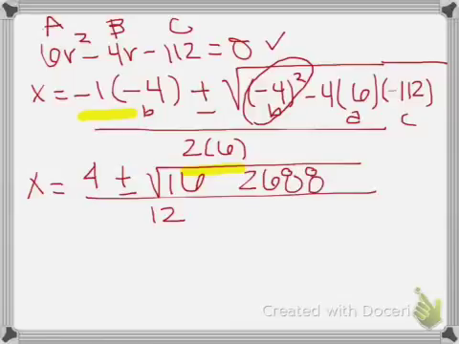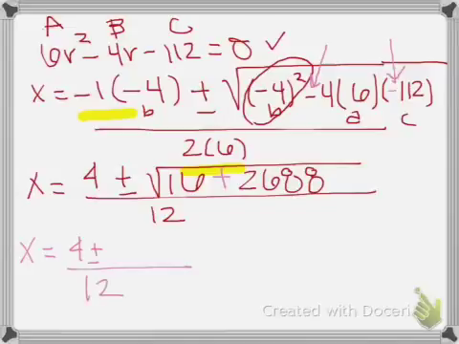Since you have a negative times a negative, you get a positive. To solve for your answers, you keep going. You do 4 plus or minus the square root of 16 plus 2688, which is 2704.